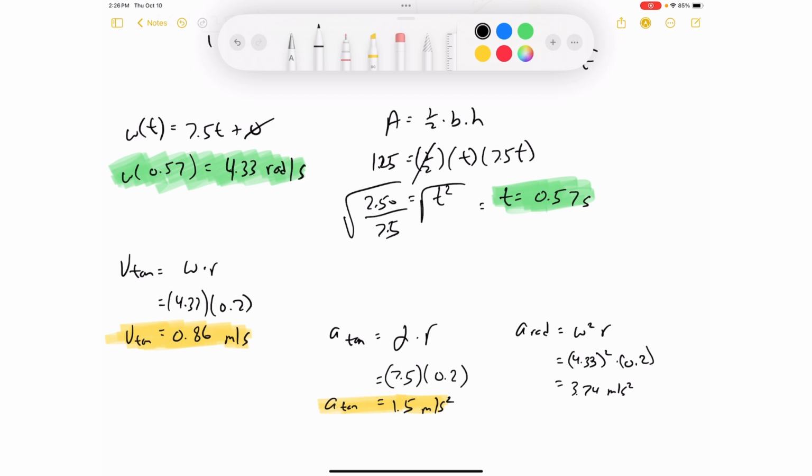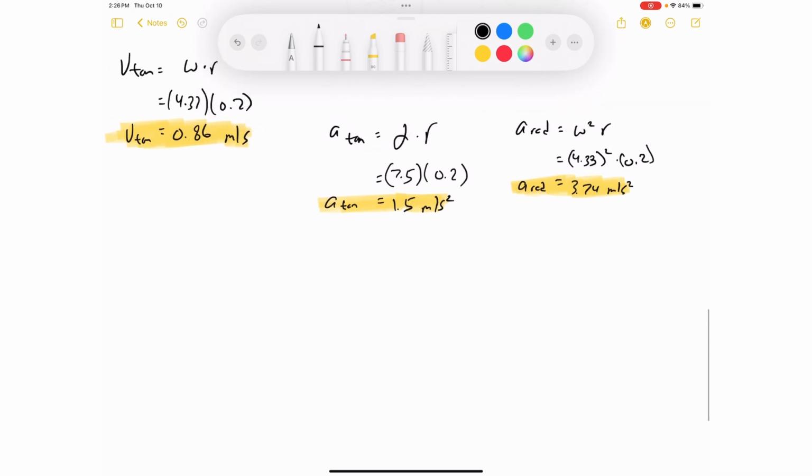Now this is directed toward the center of the circle. So if I were to draw this, here's a circle. This is your radial acceleration. And then this right here is the tangential acceleration.